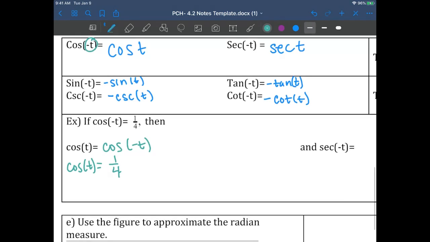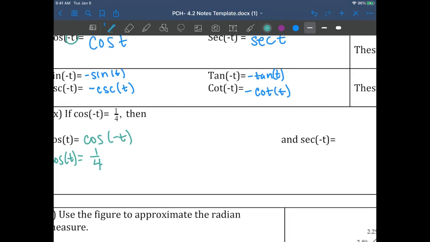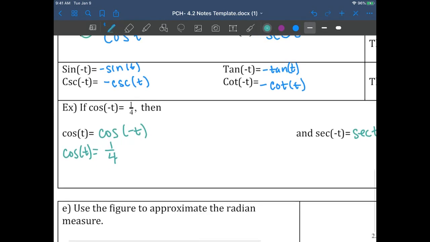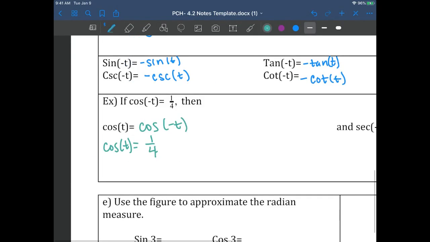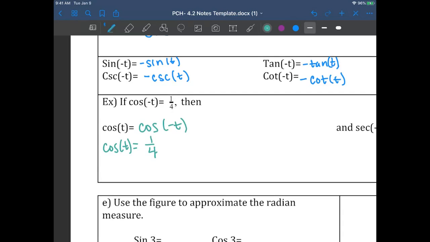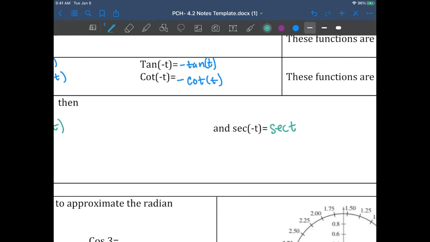So if the secant of negative t is equal to the secant of positive t, then I just remember that secant and cosine are reciprocals. So the secant of t is equal to 4, and so the secant of negative t would equal 4. So it's just the reciprocal of cosine as well at that point.